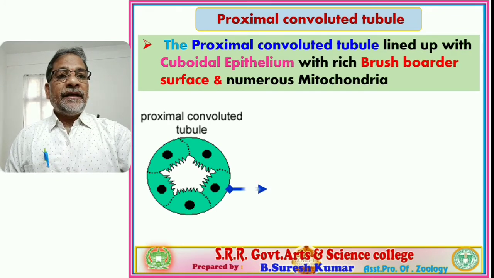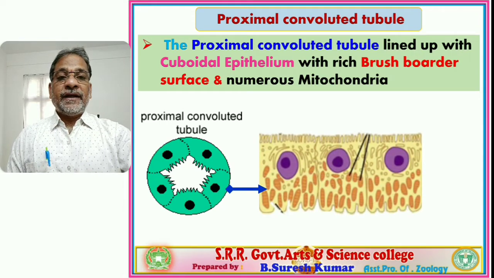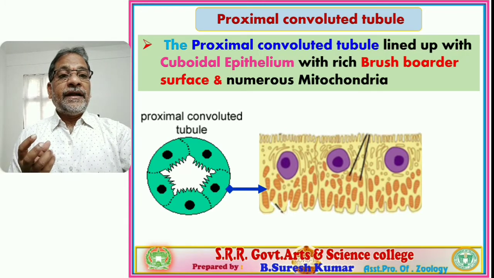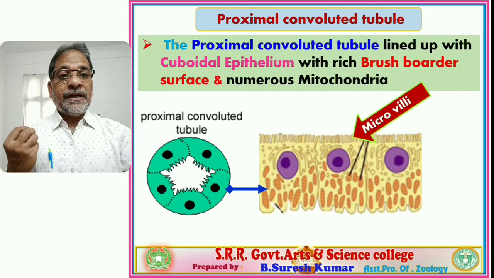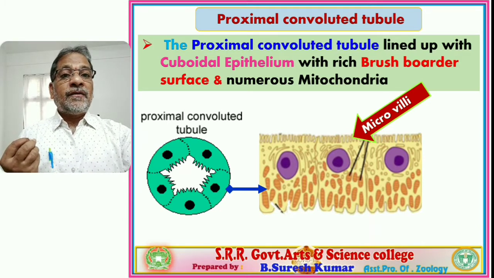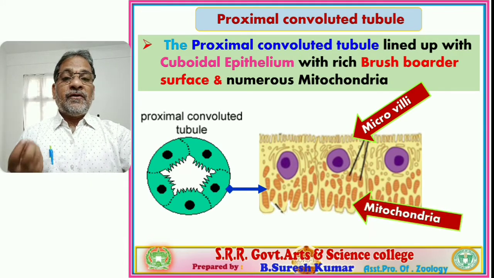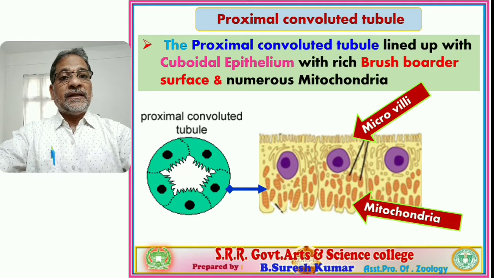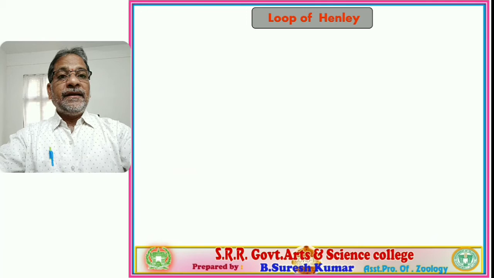The cuboidal epithelial cells have a rich brush border surface, so they contain many microvilli, and they also contain a large number of mitochondria. You verify the cell. These are microvilli for absorption and next mitochondria, more number of mitochondria. So the metabolic rate of these cells is high. So these are the cells of the PCT, right?